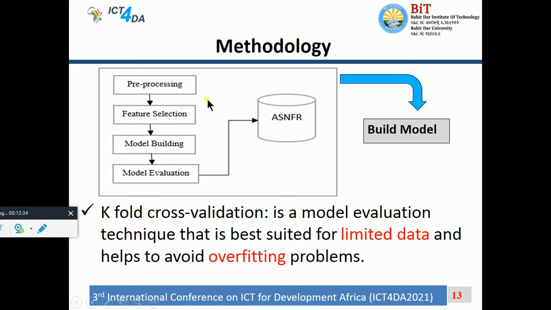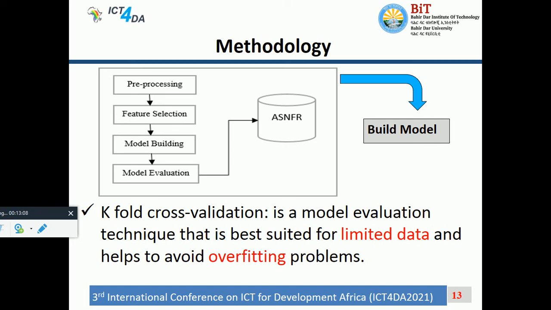On design, the first one is pre-processing. In pre-processing, we did many tasks like hyphenated component splitting, lower casing, stemming, lemmatization, and other tasks. On the feature selection task, we select the features which help the machine to decide whether a requirement is significant or not significant.